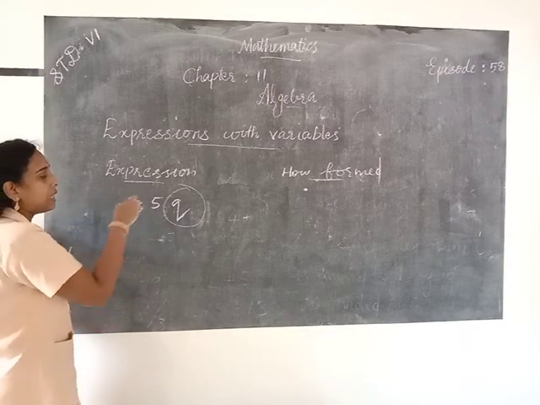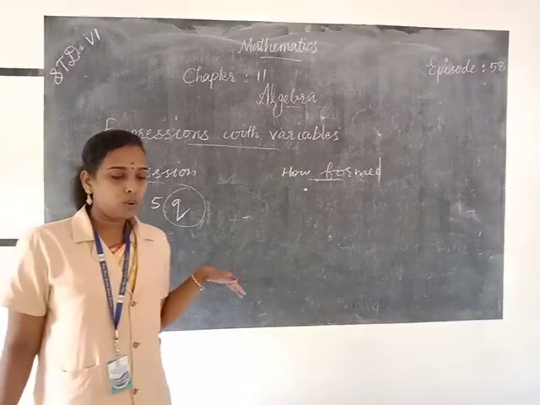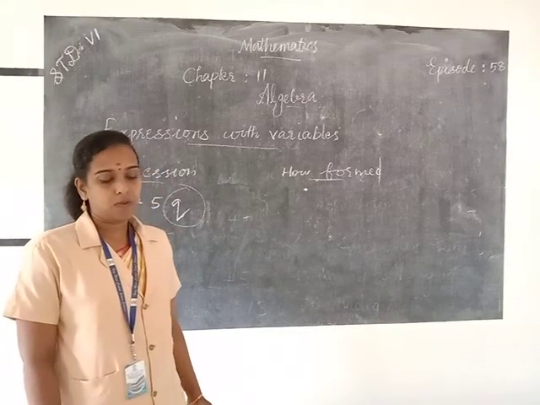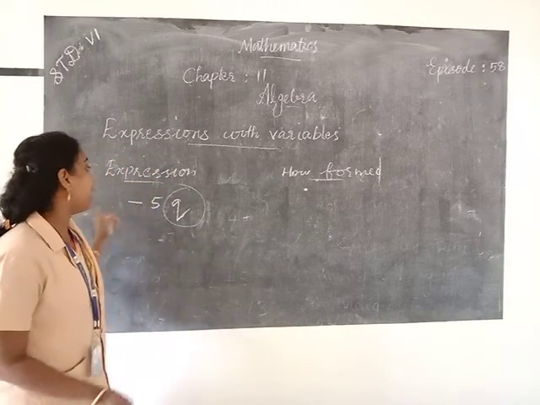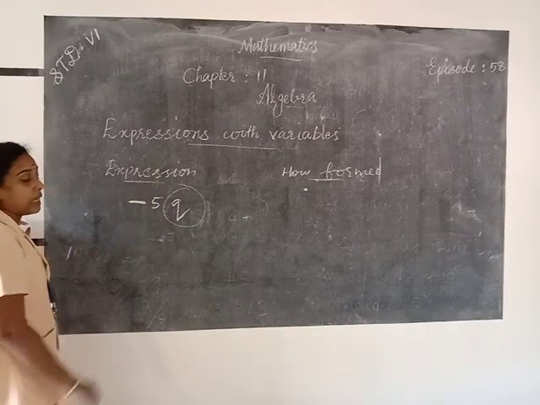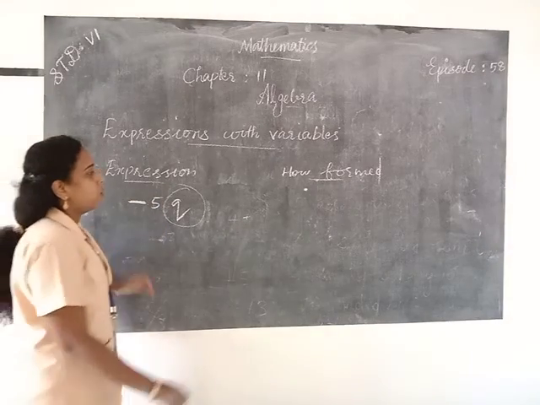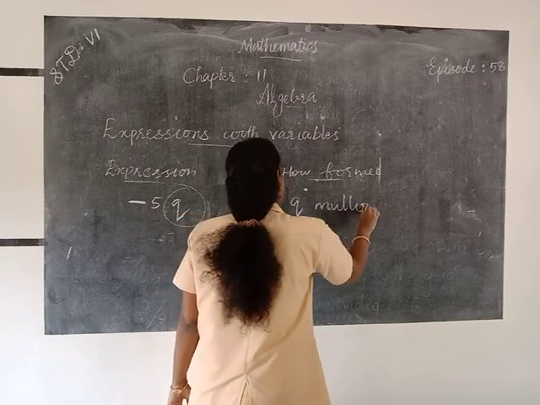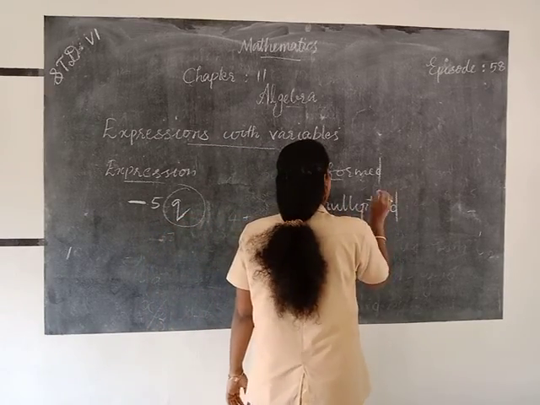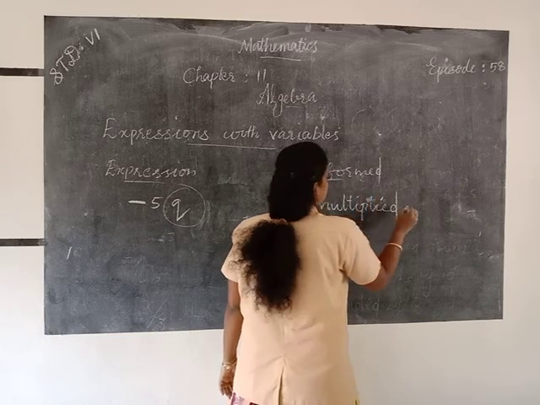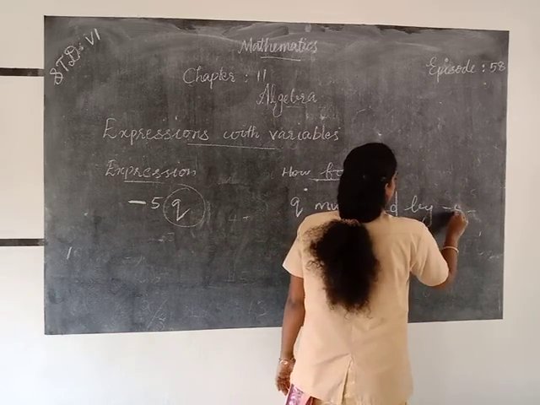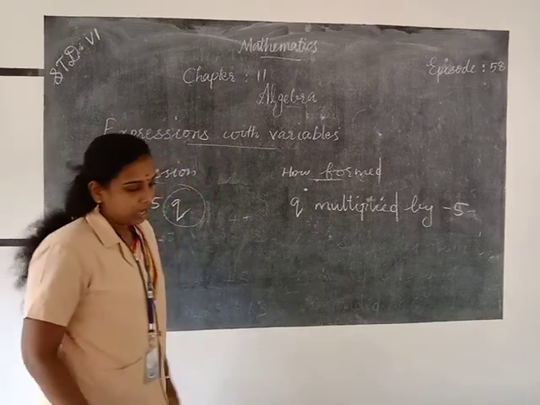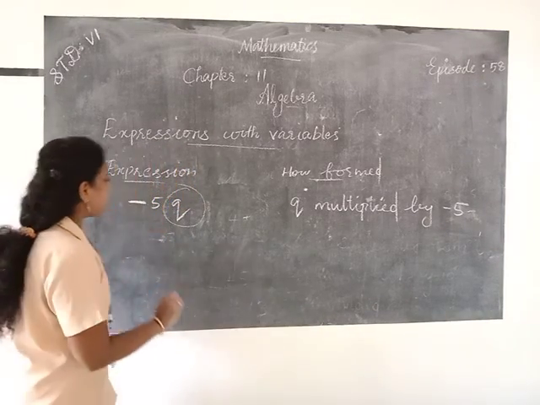Here we multiply the variable q by minus 5. So q multiplied by minus 5. Then the next one is 3x plus 2.